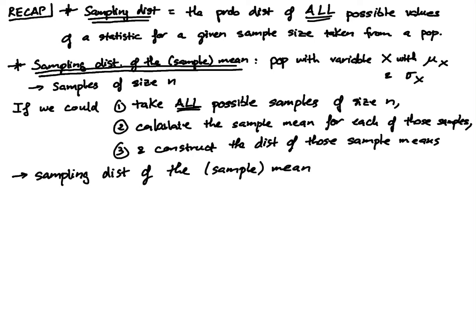Now the sampling distribution of the sample mean is characterized by three things. First off, the expected value of all the sample means, which is the mean of all the sample means, is equal to the mean of the underlying variable. Second, the standard deviation of all the sample means is equal to the population standard deviation divided by the square root of the sample size.